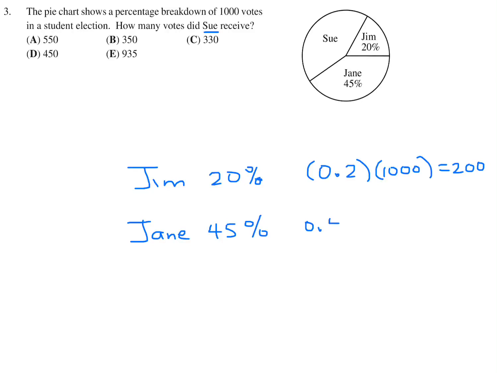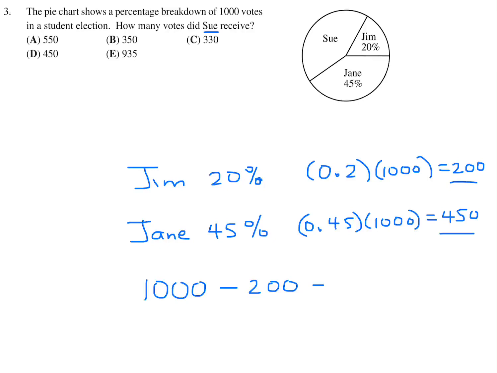So 45% of 1,000 is equal to 450. So to figure out how many votes Sue received, we have to just subtract how many Jim and Jane received from the total, which is 1,000. So 1,000 minus 200 minus 450, and that is equal to 350. Which are how many votes Sue received. So the answer here would be B.